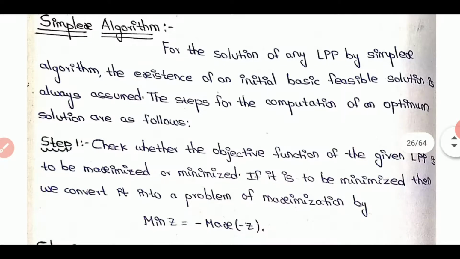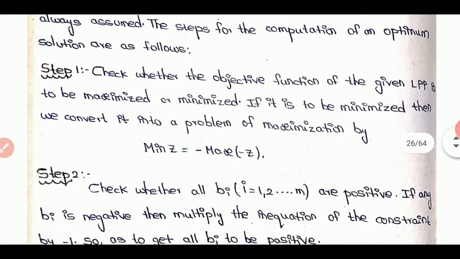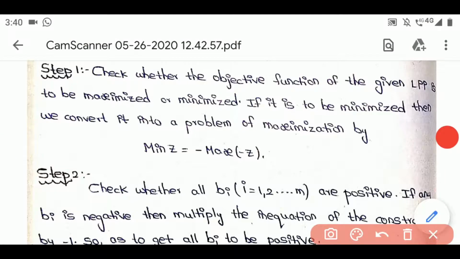In step 1, we have to check whether the objective function is to be maximized or minimized. If it is maximized, then no problem, we continue to the second step.